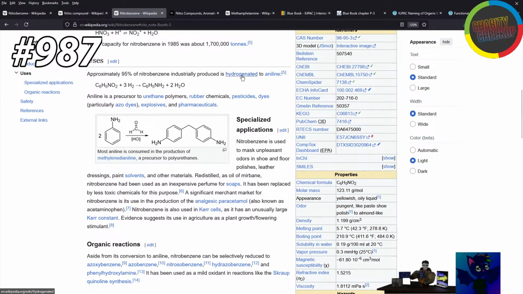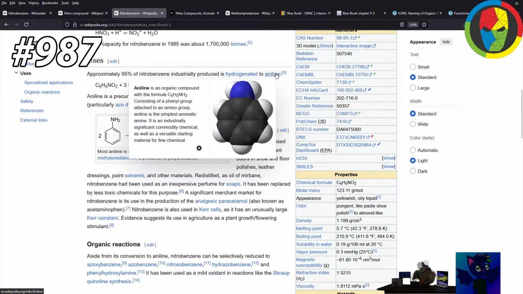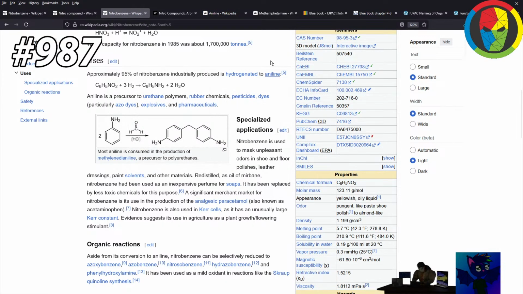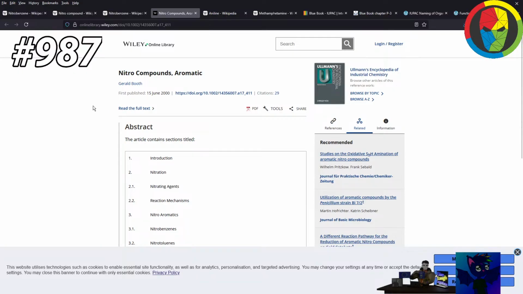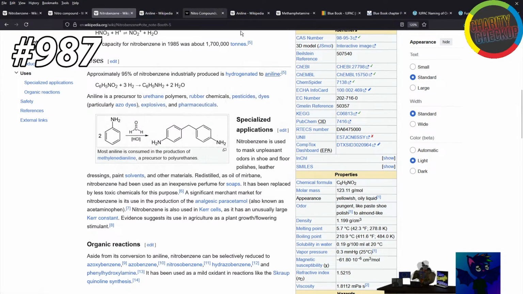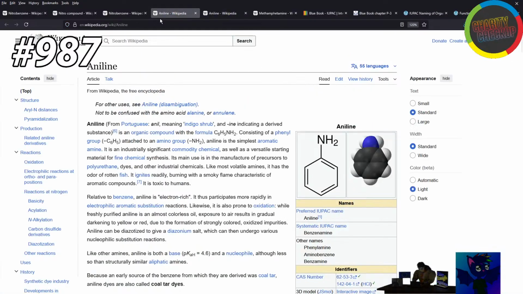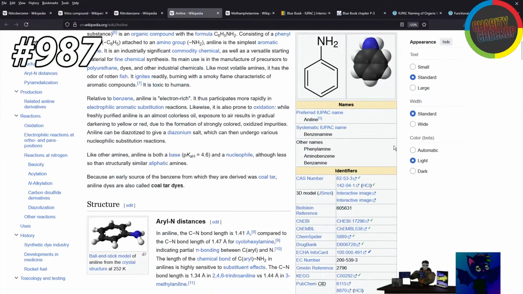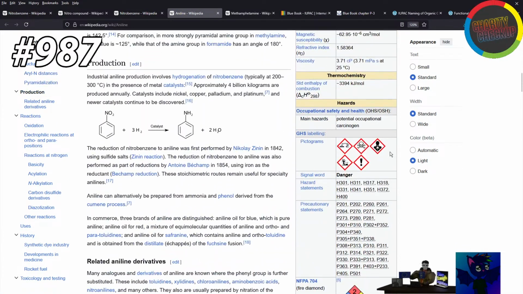Produced is hydrogenated aniline. That is what I want to do. Also, the aniline doesn't link to... Oh no, it doesn't link to Wikipedia. That is actually what I want to do with my nitrobenzene.